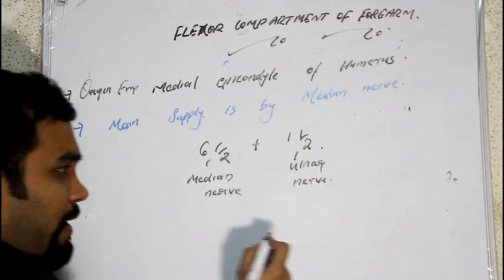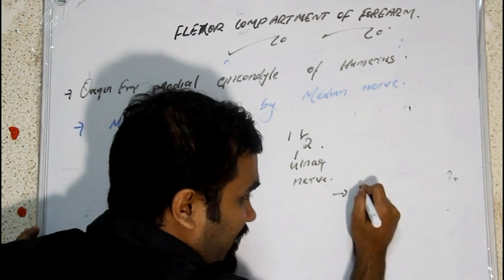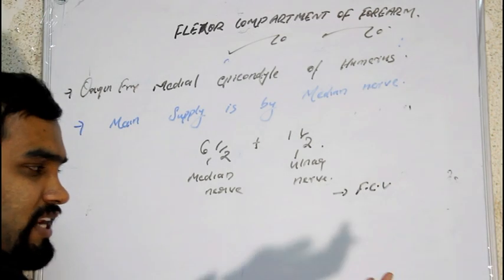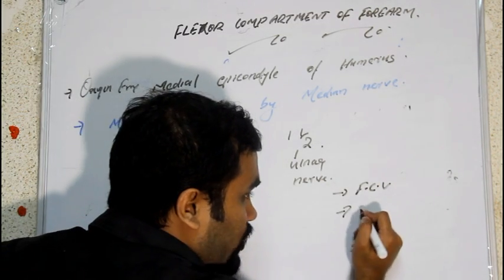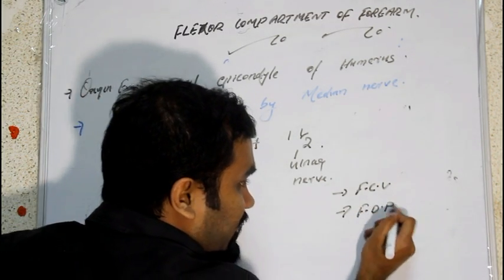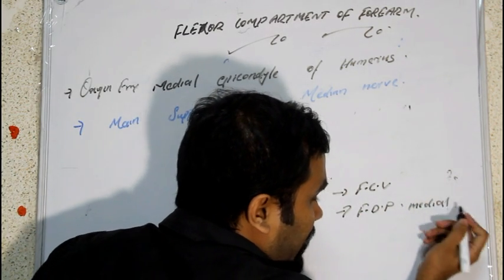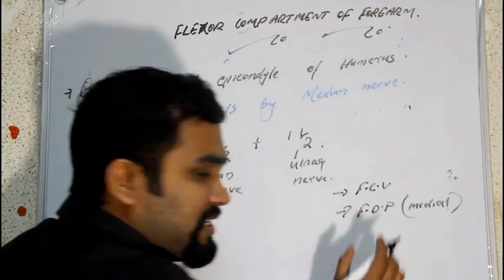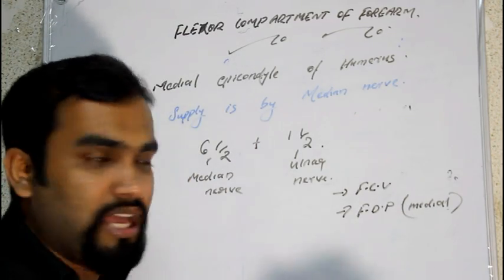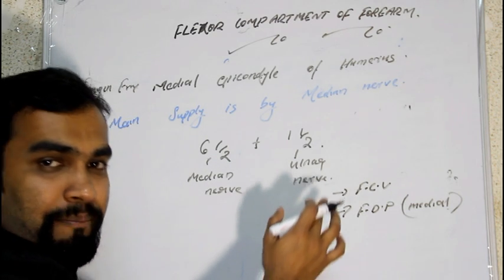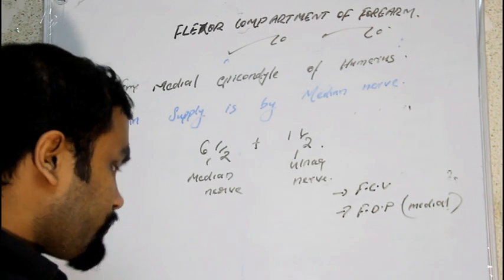Which muscles are supplied by ulnar nerve? Flexor carpi ulnaris, that we know, on the ulnar side the ulnar nerve will supply. The other one is FDP. FDP has two parts, medial and lateral. Among this, only the medial portion is supplied by ulnar nerve.